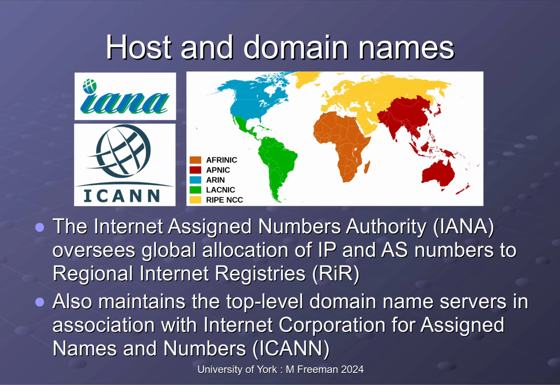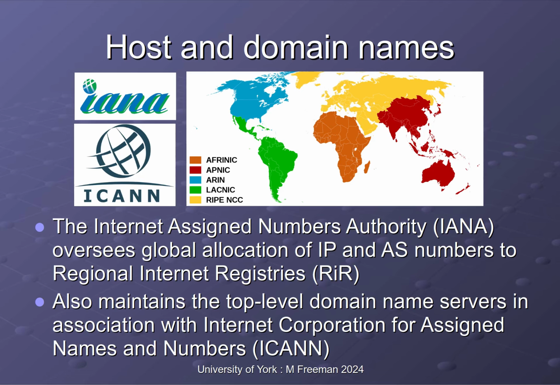So the main body that does that is IANA, and they subdivide that, as you can see in this diagram here, to a number of regional authorities or regional internet registries. And our particular registry of choice is RIPE, so the yellow one there for the UK, manages the allocation of our IP addresses. And another big player in these top-level domain name servers is ICANN, the Internet Corporation for Assigned Names and Numbers.